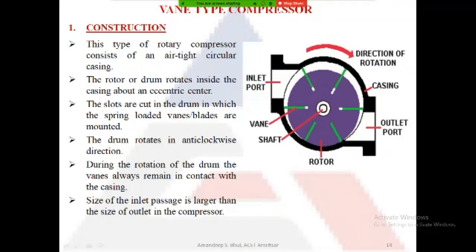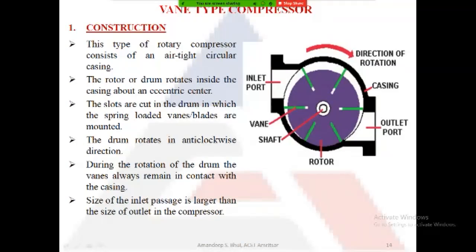If it moves in the forward direction, you can see that the volume starts to decrease. As the volume decreases, the pressure of the air increases. Further, when it moves in the clockwise direction, the outlet port starts to open, and this air, which is partially compressed due to the decrease in volume, comes in contact with the high pressure air on the delivery side.